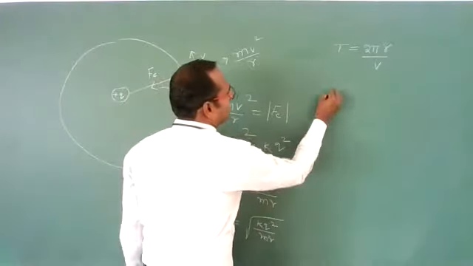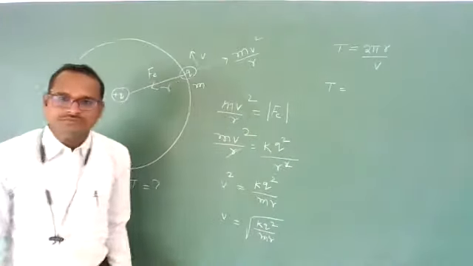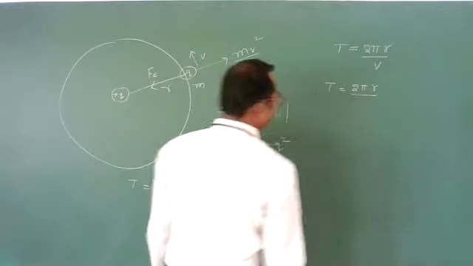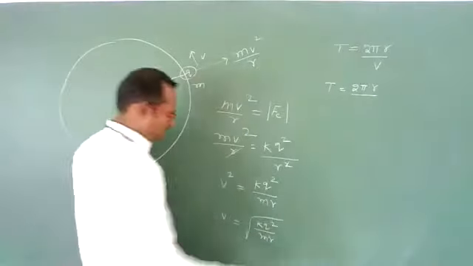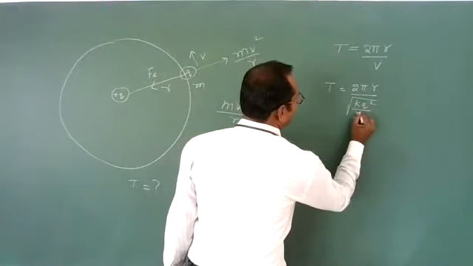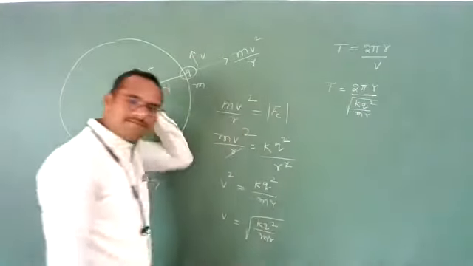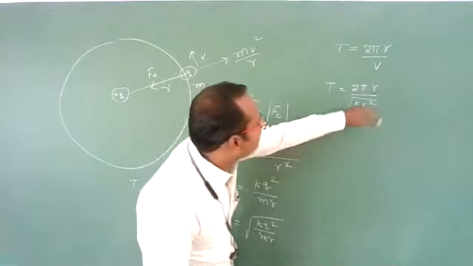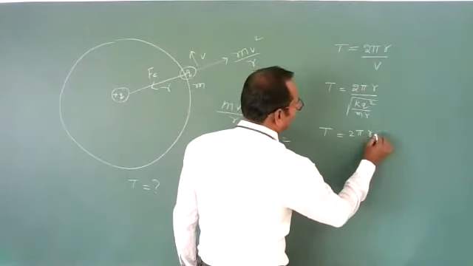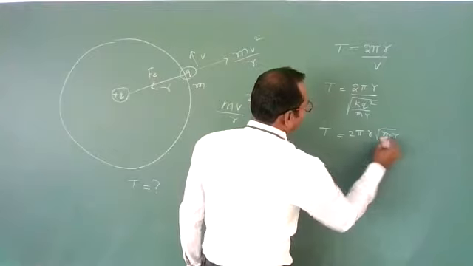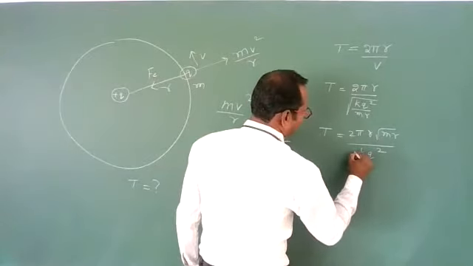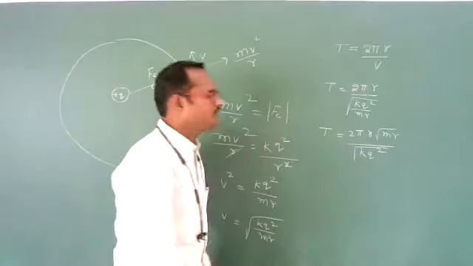You will get the time period T equals 2 pi r divided by the square root of kq square by mr. This mr will go to the numerator. It will become T equals 2 pi r times the square root of mr divided by kq square, under root. Okay, clear?